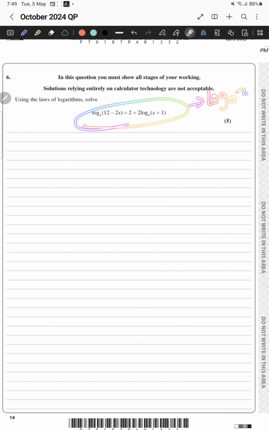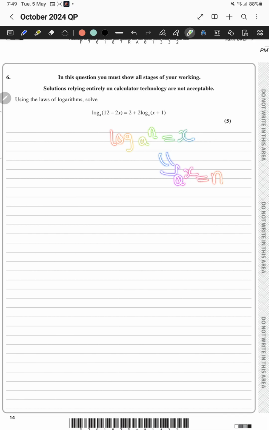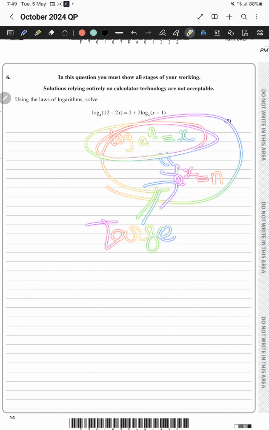Log base a of m is equal to x, right? So log base a of n equal to x can be rewritten as a to the power x equals n, and that's our target. This is the first target that we have to write into a single logarithm.